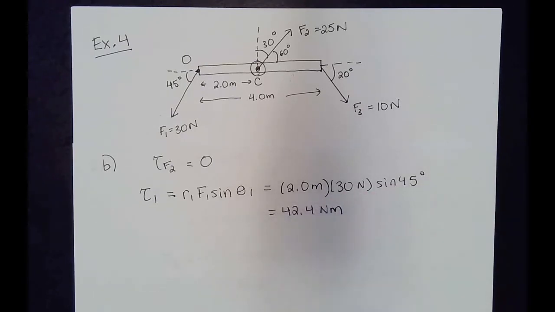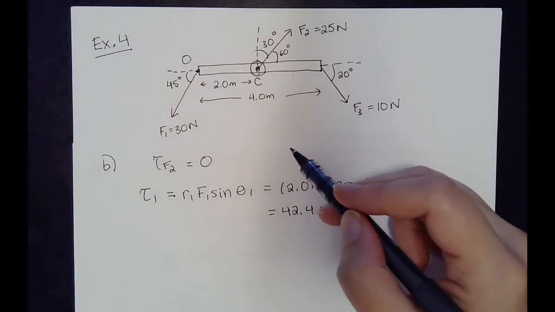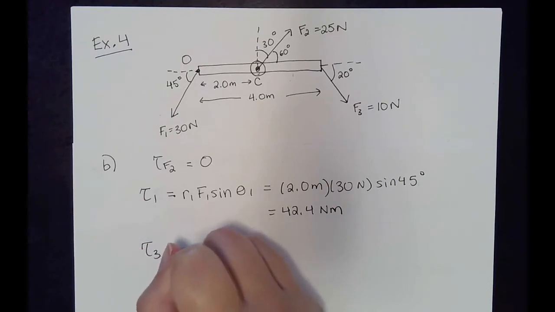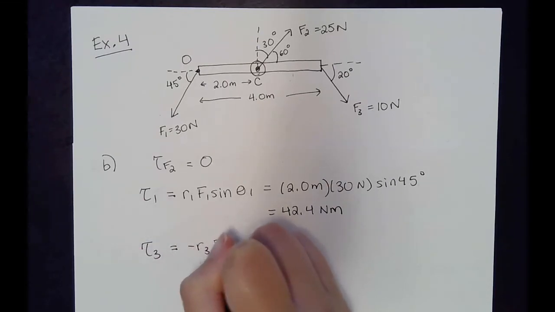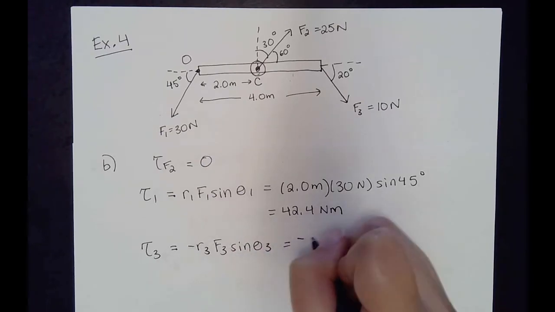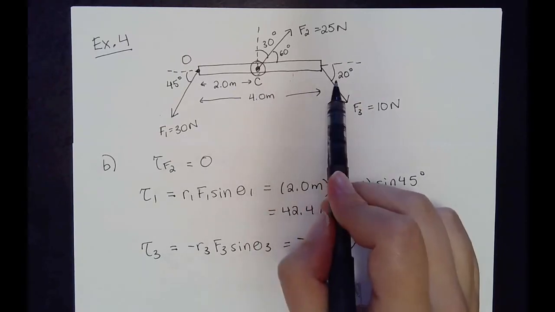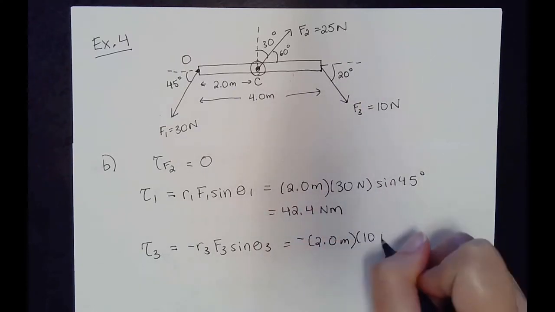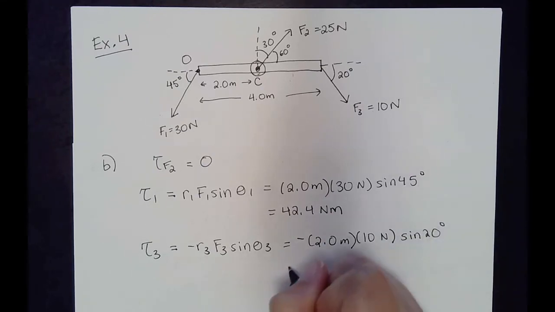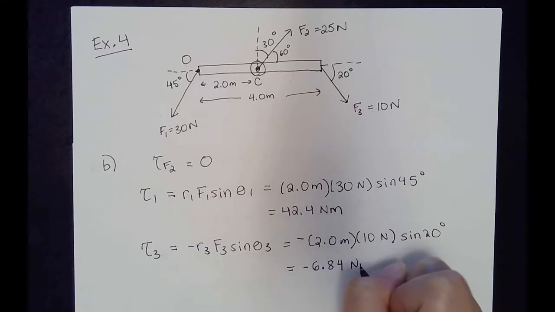which is 42.4 newton meters. And then if we look at F3, this would pull the object clockwise, so that's going to be negative R3 F3 sine theta 3. This is also 2 meters now to that midpoint, point C. Then we have 10 newtons sine 20, which is negative 6.84 newton meters.